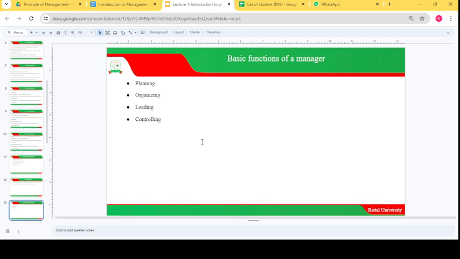The manager should know what we are going to do and how we are going to do it. That's planning.